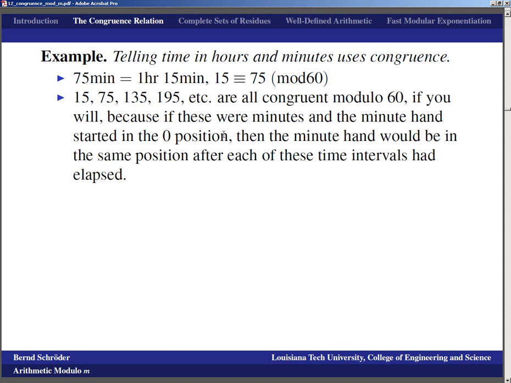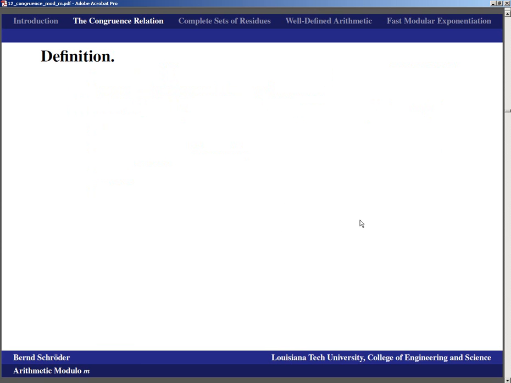And if you will, that is because if these were minutes, and the minute hand started in a 0 position, then the minute hand would always be in the same position after each of these time intervals had elapsed. That's why this modular arithmetic is also called clock arithmetic, for example, because we have the same kinds of wrap-arounds as we would have on the face of a clock.